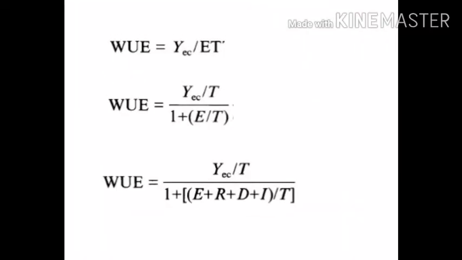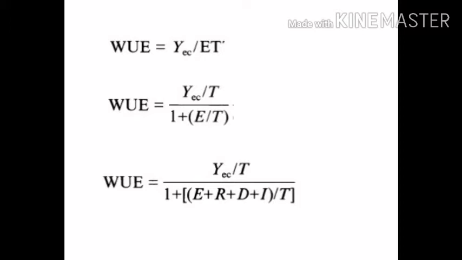For most crops, only the economic part or marketable yield is of interest for researchers. Therefore, water use efficiency can be considered as economic yield per unit of evapotranspiration. First equation shows the transpiration efficiency.